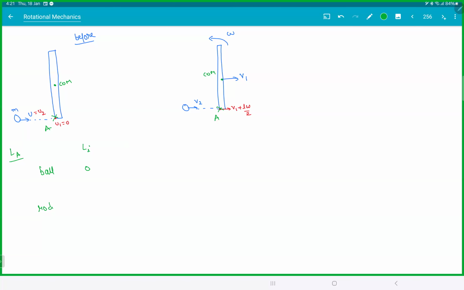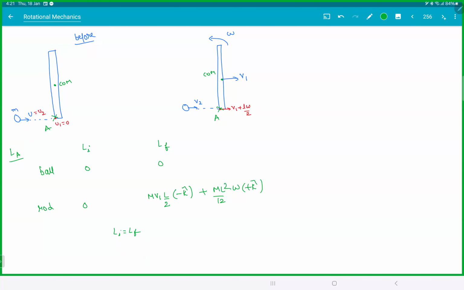Why? It is passing through the point. Rod 0 because it is not moving. L final 0 because V2 is passing through the point. The rod will be M V1 L by 2 minus k cap plus M L square by 12 omega plus k cap. You get only one single term, and L initial is equal to L final. So when I equate this directly, you'll get V1 is equal to omega L by 6.